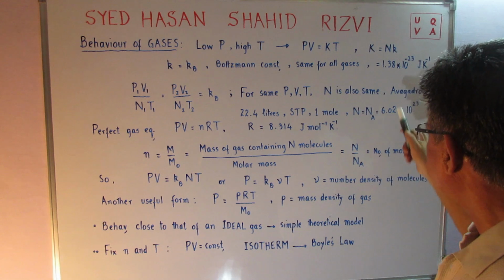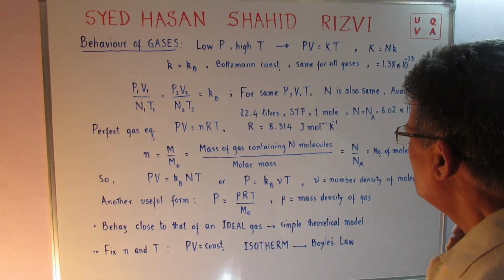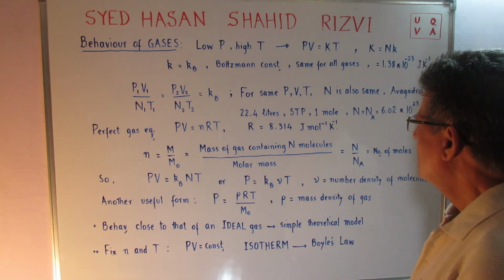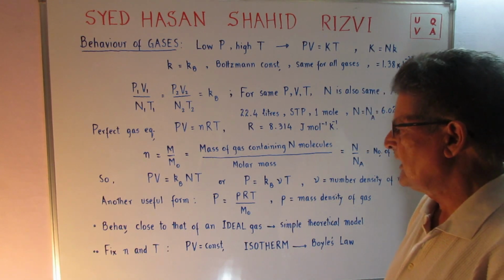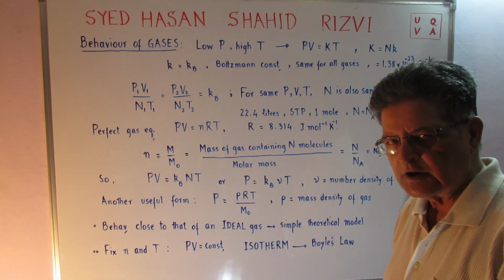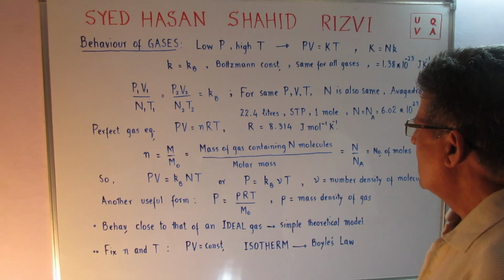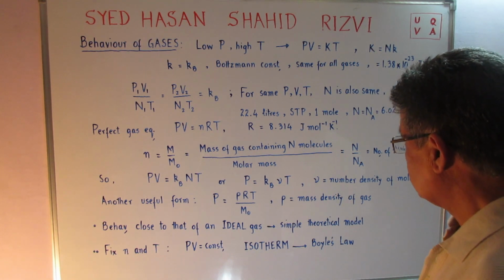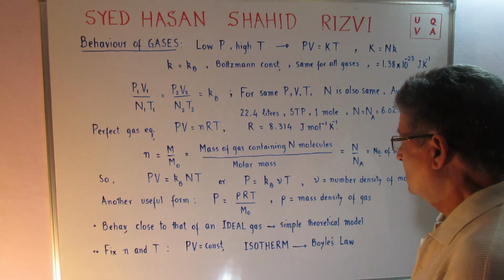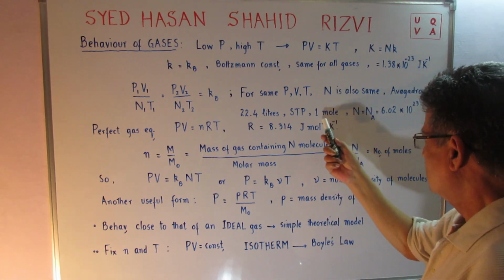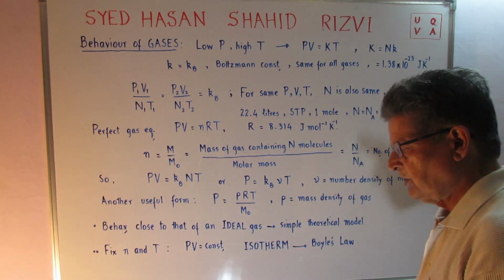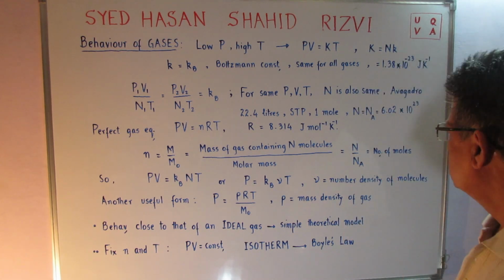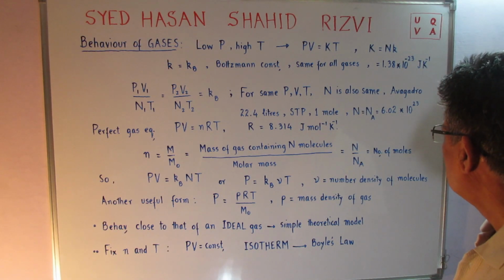which recalls Avogadro, who could say that a molar mass of any gas at STP, standard temperature and pressure, of temperature of 0 degrees Celsius and pressure equal to 1 atmosphere, for 1 mole, N is equal to Na, which is Avogadro's number, equal to 6.02 into 10 to the power of 23.